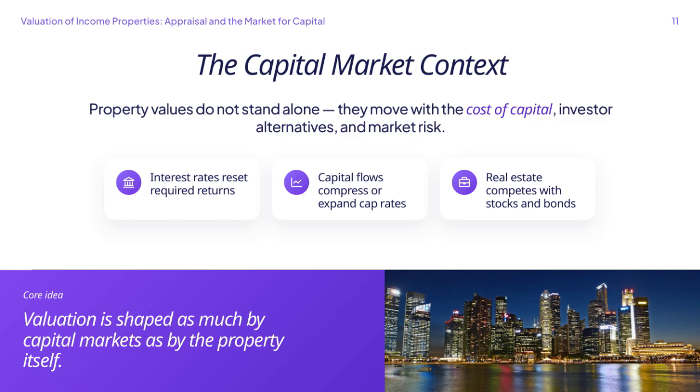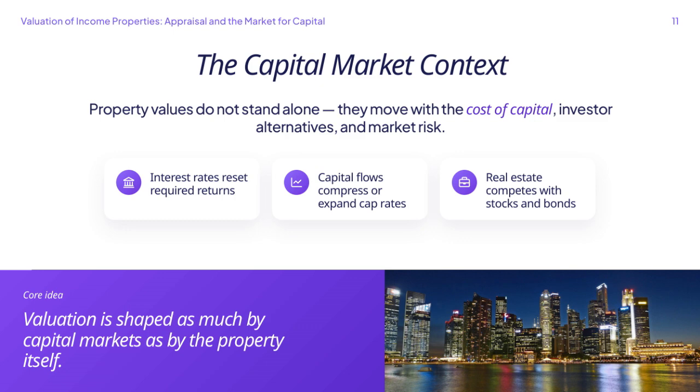When interest rates rise, the required return also increases, putting downward pressure on property values and vice versa. Another critical factor is the flow of capital. When more money chases real estate, capitalization rates tend to compress, meaning prices go up because investors accept lower yields. Conversely, when capital withdraws, cap rates expand, and property values often decline.